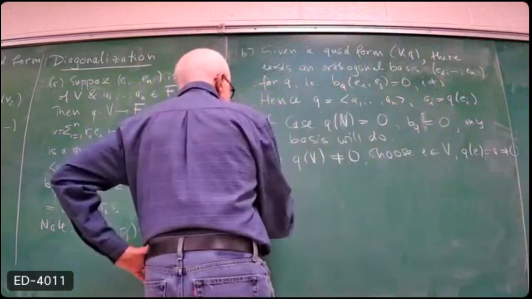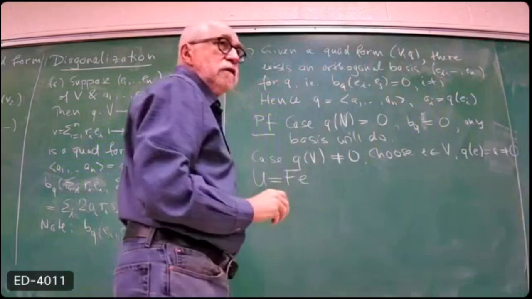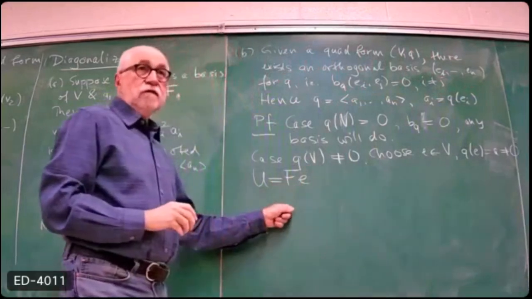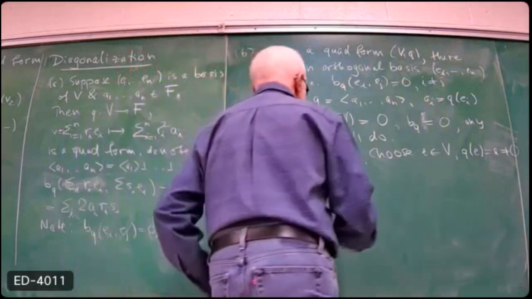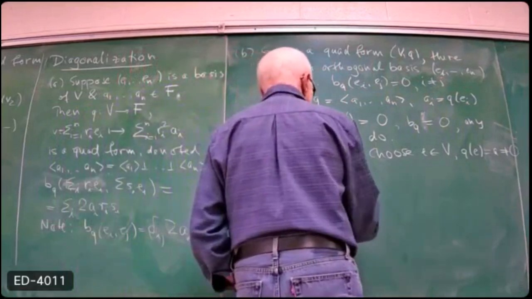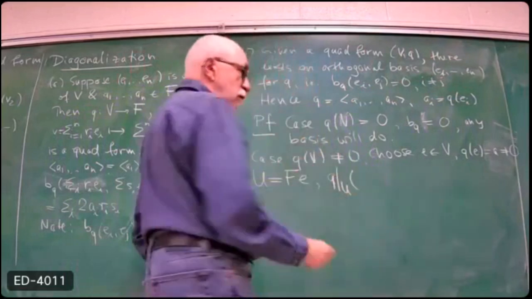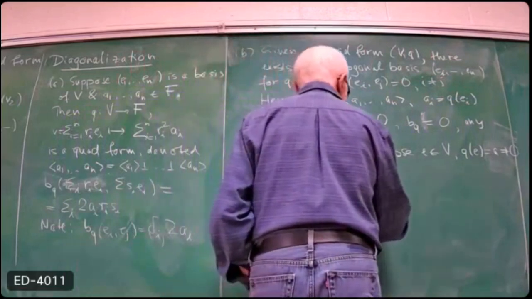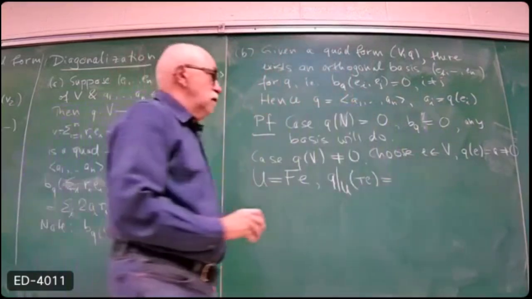Now let me look at U being the line through V, so that means all scalar multiples. If you look at the form Q restricted to U, to evaluate the element R times E, what do you get?